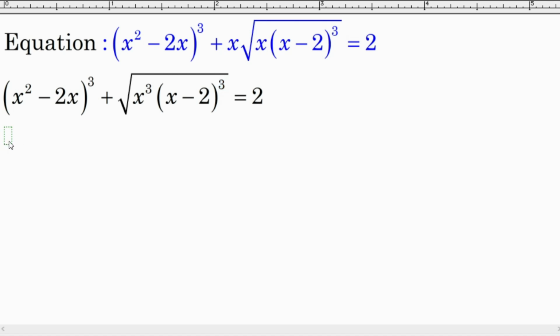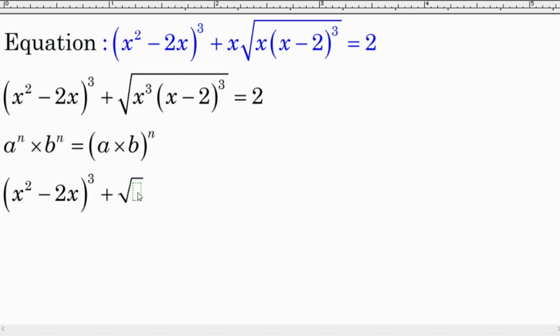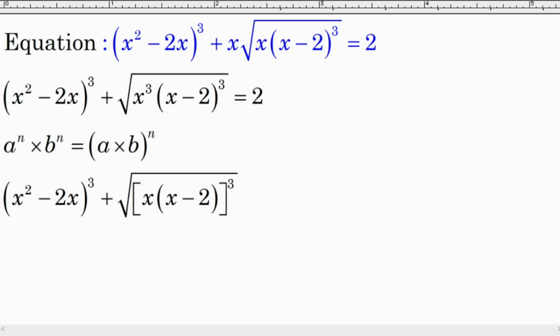We will be using this formula: aⁿ times bⁿ can be written as (a times b) raised to the power n. Here it is the same, so we can put the bases together. We will get this term plus √x times (x − 2), all raised to the power 3, equal to 2.